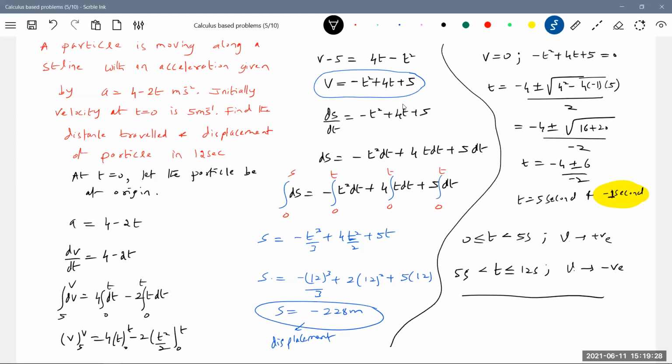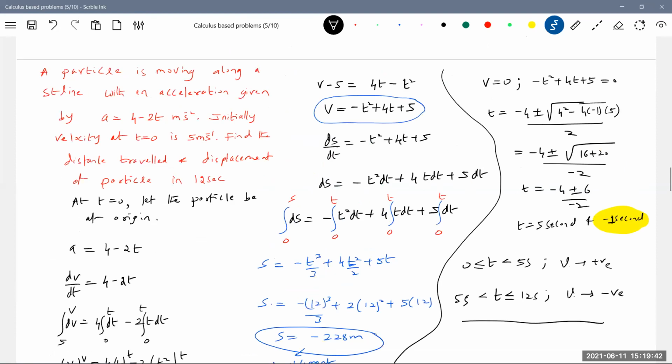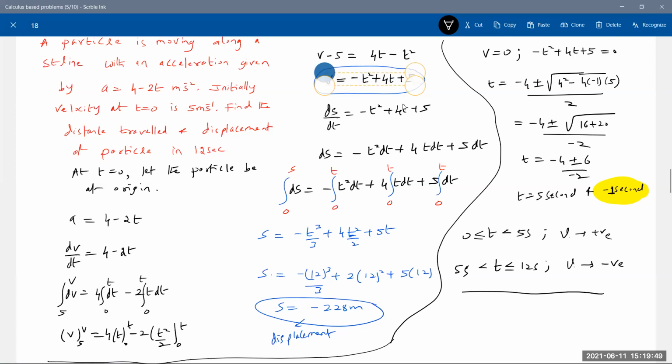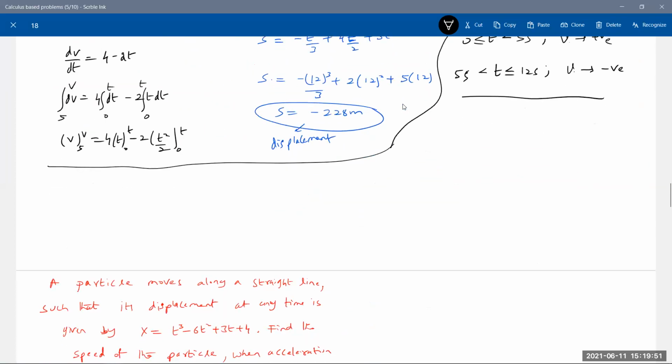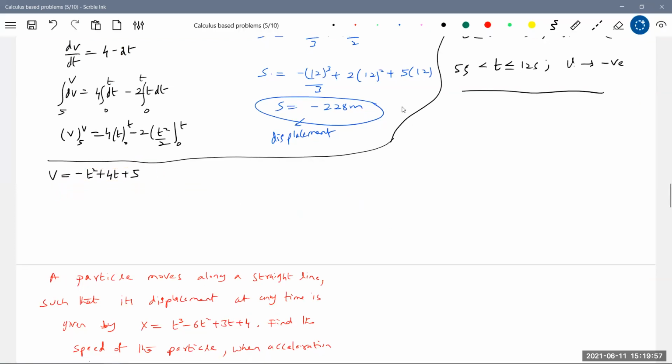After this, what to do now? The distance count. I'm going to take help of this equation: ds is equal to the integral of v dt. I'm going to break it up. Everything we are going to do here. So let's have that equation v equal to. I'll bring an extra page.